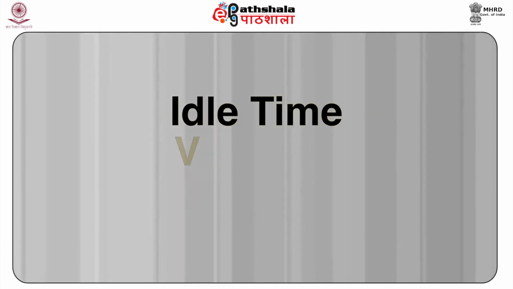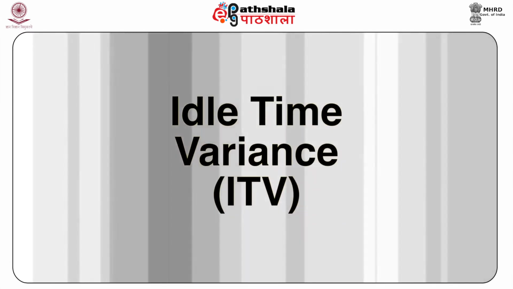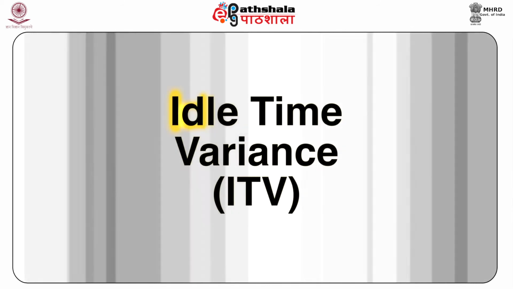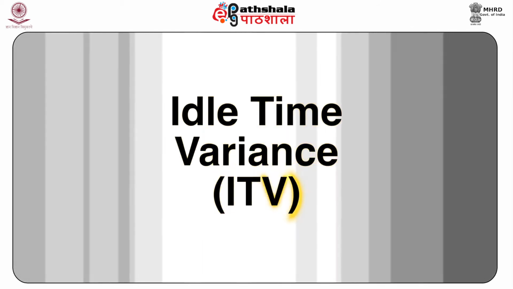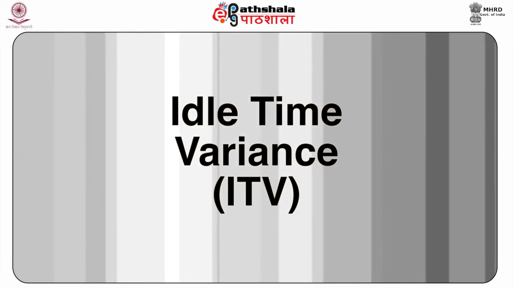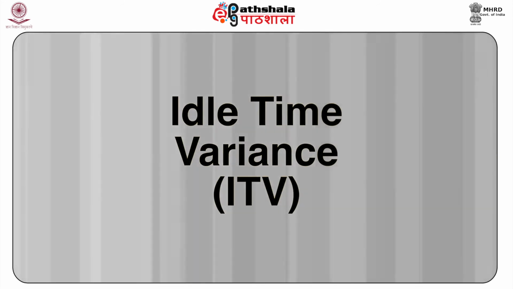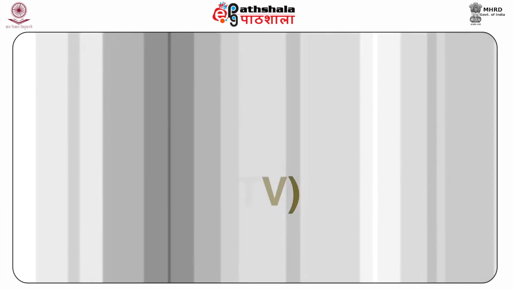The labor efficiency or time variance is subdivided into idle time variance, labor mix variance and labor sub-efficiency variance. Let us consider these concepts one by one. We would first understand the concept of idle time variance, in short known as ITV.